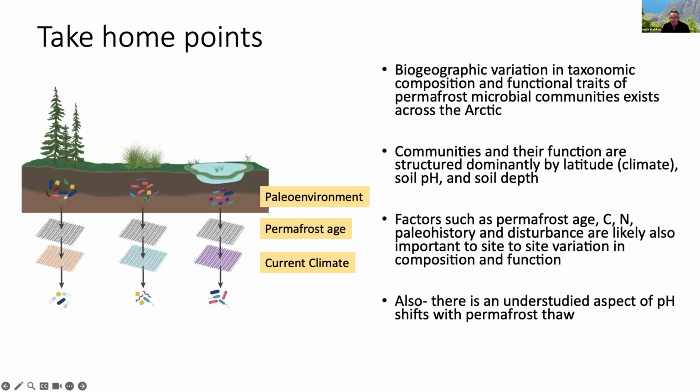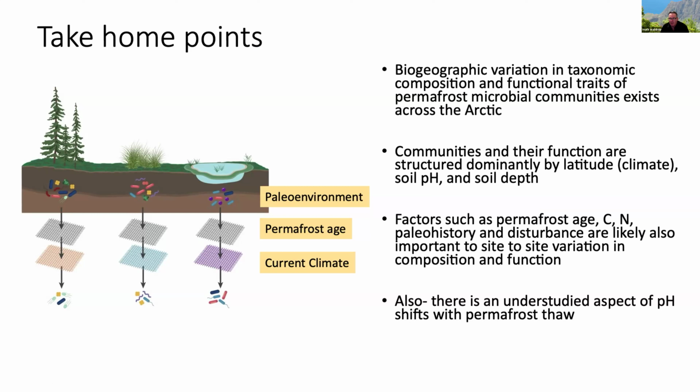So the take-home points from this are that there is biogeographic variation in taxonomic composition and in functional traits of these permafrost microbial communities across the Panarctic. The communities, but in particular their functional attributes, are structured dominantly by three factors: latitude, again a proxy for climate, soil pH, and soil depth.